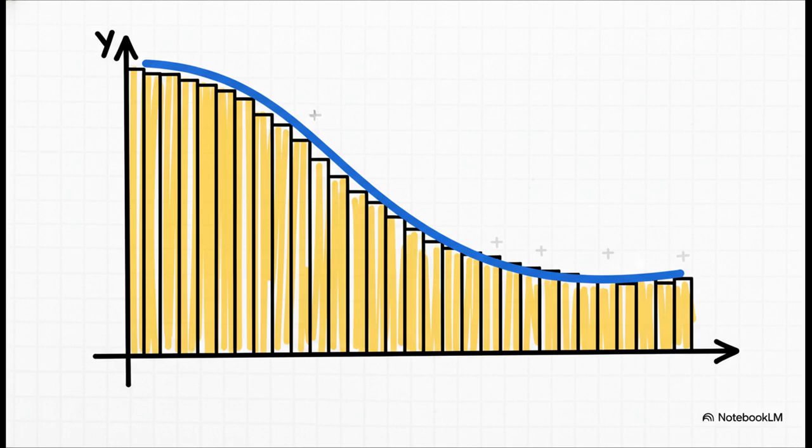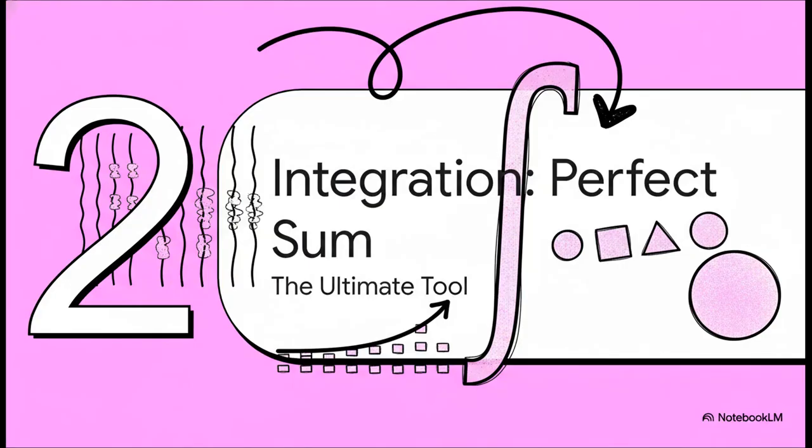It's not a perfect answer just yet, but it's a massive step in the right direction. This powerful idea, this concept of summing up a whole bunch of tiny rectangular slices to get a perfect, exact total, well, that's the whole idea behind integration. This is the tool we need to go from a pretty good guess to the perfect answer.